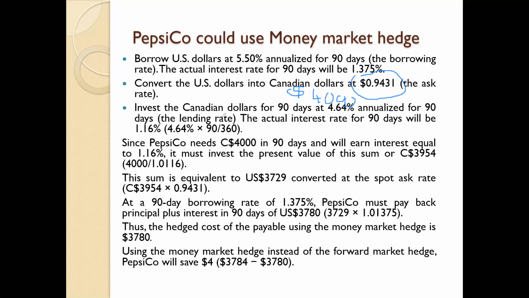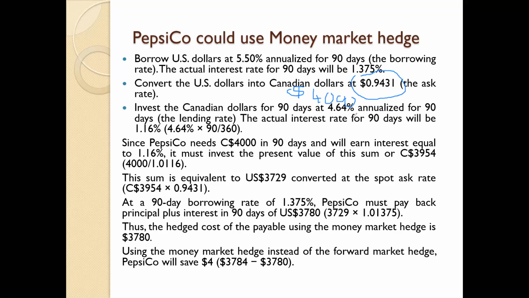Okay. Now, moving one step forward, let's see. He can invest the amount he borrowed from the bank. He converted that US dollar into Canadian dollars and invests it in a Canadian dollar investment opportunity.